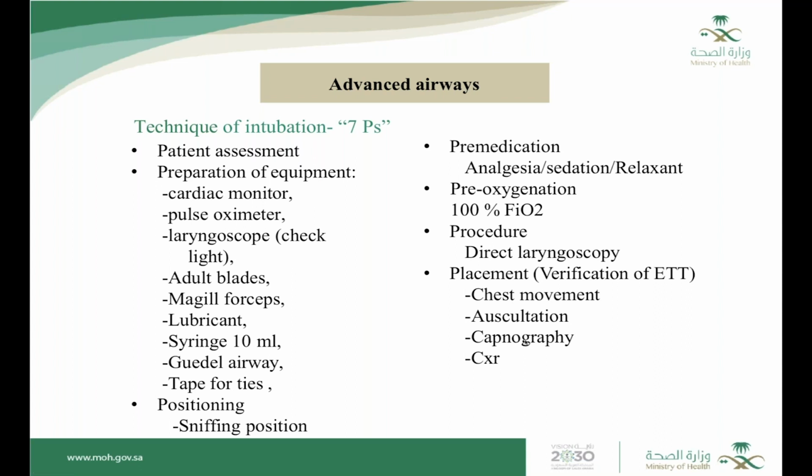We will see the chest movement escalate. Then we can place the CO2 detector and the color will change. And this is basically to confirm that the tube is in the trachea, not in the esophagus.